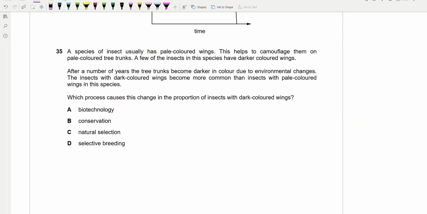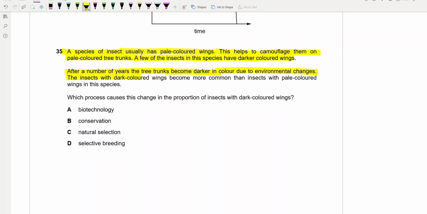Question number 35. A species of insect usually has pale colored wings. This helps to camouflage them on pale colored tree trunks. A few of the insects in this species have darker colored wings. After a number of years, the tree trunks become darker in color due to the environmental changes.